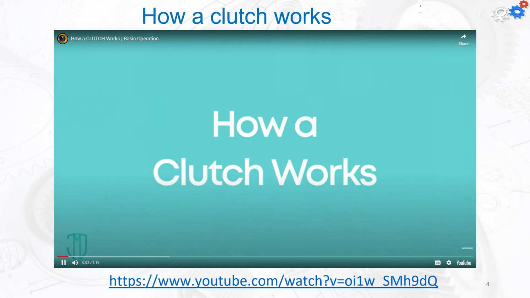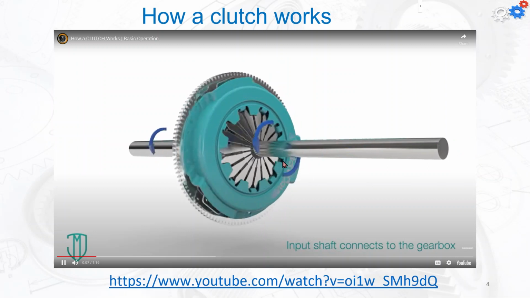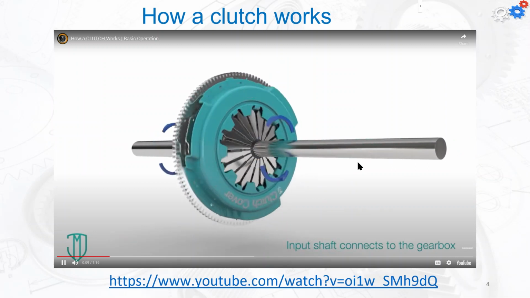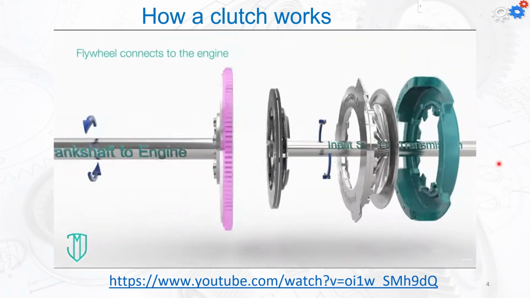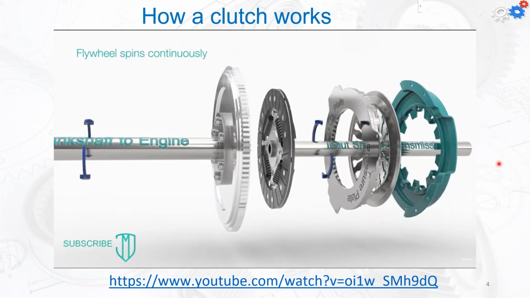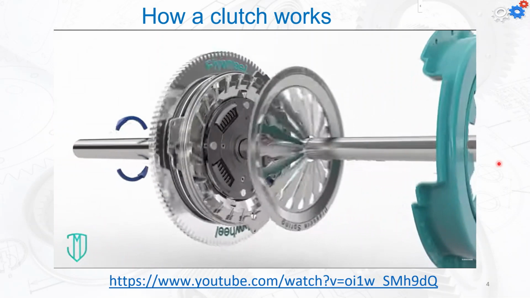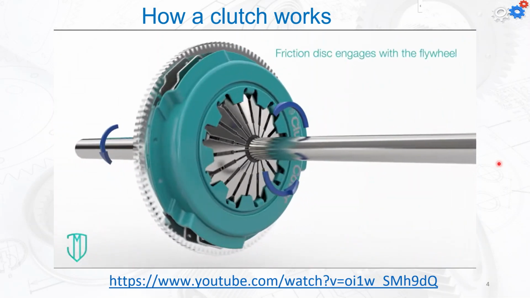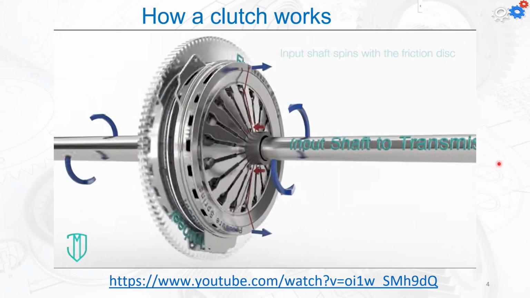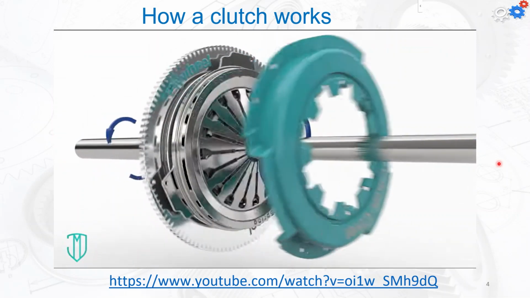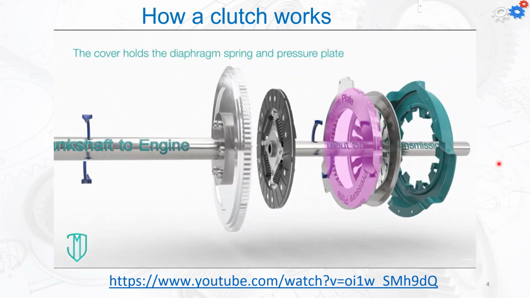How does the clutch work in a manual transmission car? Let's see how. Here's the input shaft, the arm that connects the engine and the gearbox. Here's the clutch system. Let's look inside. This is the flywheel. It's connected to the engine and spins continuously. This is the friction disc. It always holds onto the flywheel and spins with it. Since the disc and input shaft are connected, the input shaft always spins too. This is the clutch cover. It's attached to the flywheel and spins with it as well. Underneath it are the diaphragm spring and pressure plate.